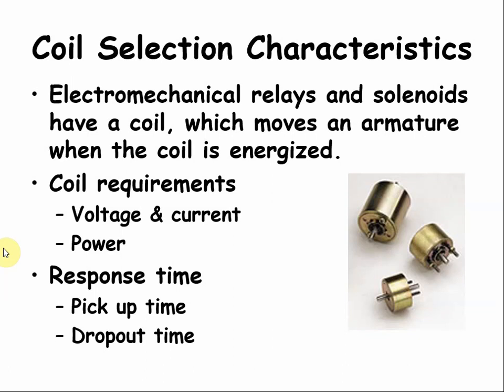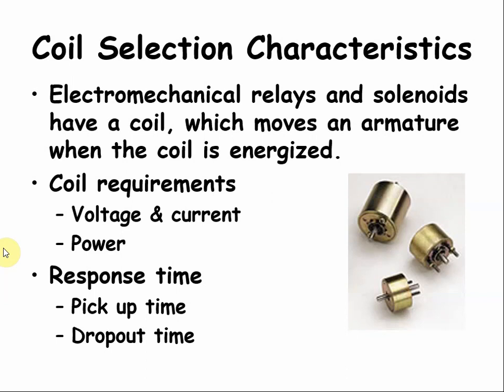Response time describes how much time it takes for the relay to actually respond once the control signal is sent to engage. Again, with electromechanical relays, large ones may have a substantial delay between when the control signal says engage and when the relay actually engages.